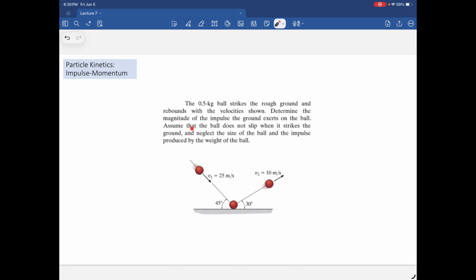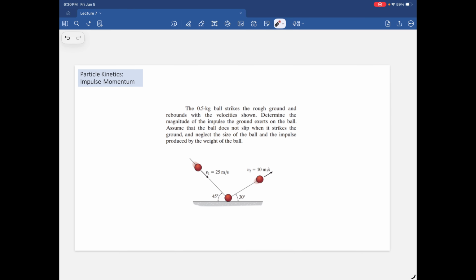Assume that the ball does not slip when it strikes the ground and neglect the size of the ball and the impulse produced by the weight of the ball. So all we're looking at is the initial momentum and the final momentum, and we're looking for the amount of the impulse.